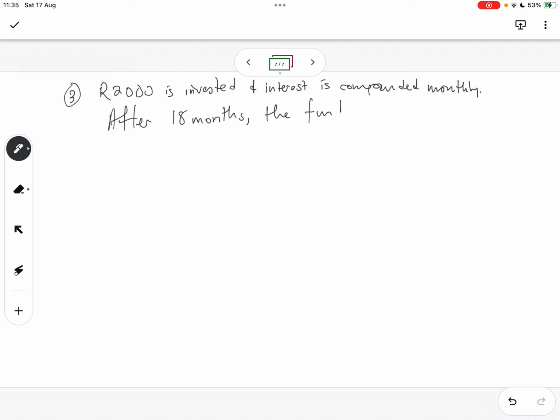the fund matured or grew to, let's say, 2,860. We must find the interest rate. So from the information that we have, what would you say we have when we think about this amount of 2,000?